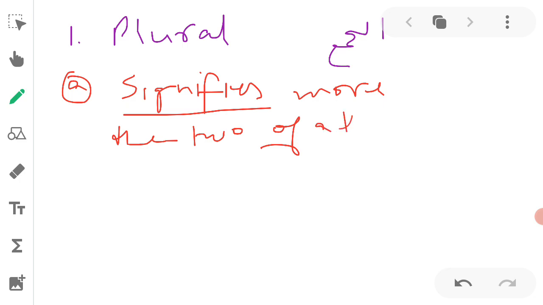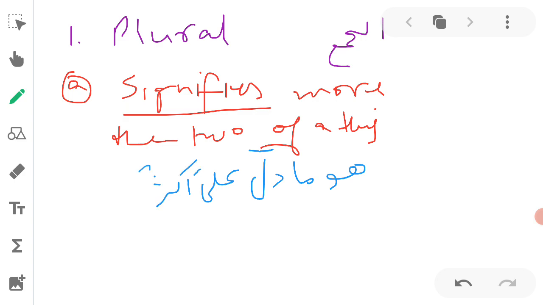So, huwa ma dalla ala aksar min ithnain. So that's the first condition. And that, as I said, it shares with the other 2.